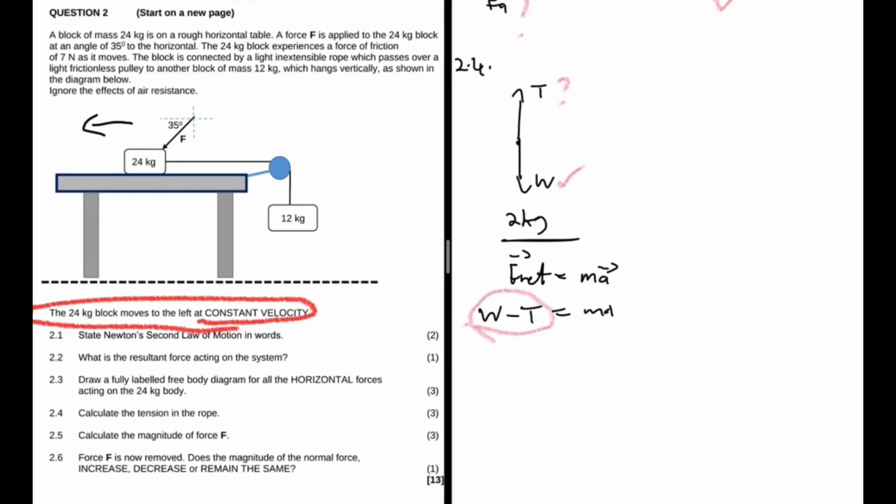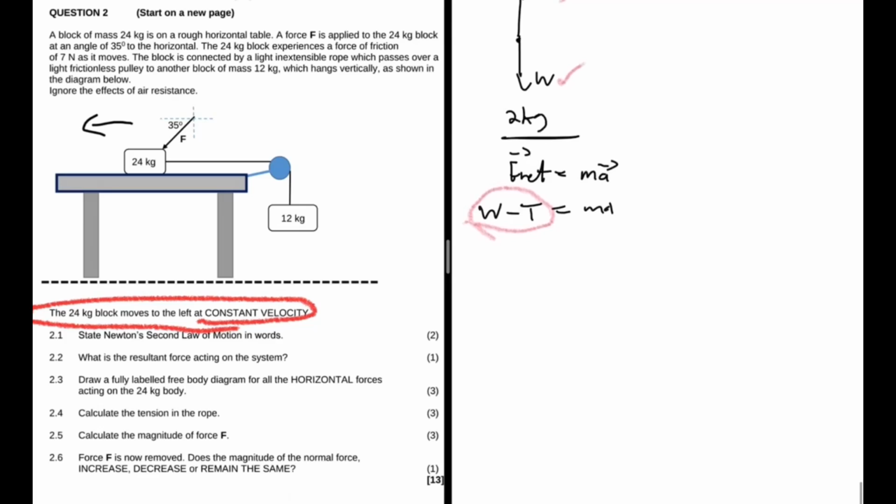So the order really doesn't matter, but usually I start with the bigger force and subtract all the other forces. So what is the weight? The weight is 12 multiplied by 9.8, minus tension, being equal to 12 kg multiplied by 0, because we know that it's moving at a constant velocity.